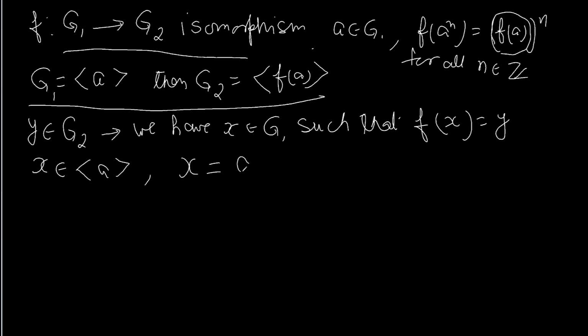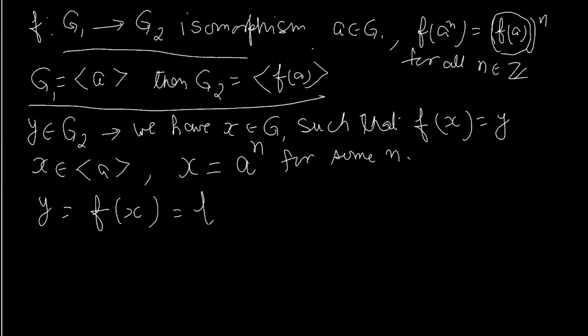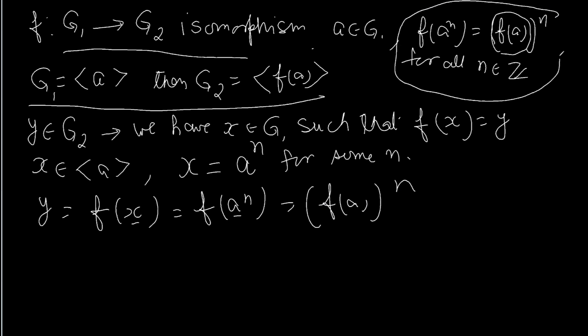A to the power n for some n, right? So then what happens is y, which is f of x, is f of A to the n, because x is A to the n, and this is f of A to the power n, because we established that, right?